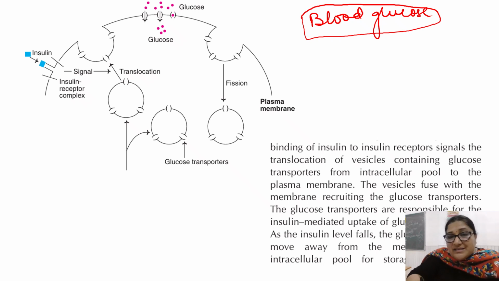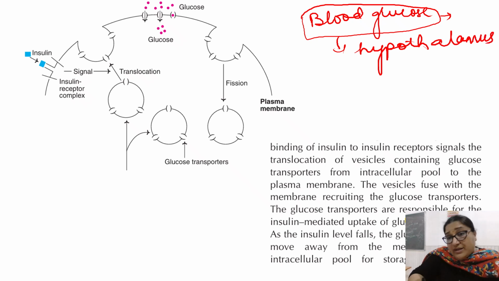The hypothalamus again signals the pituitary. Pituitary is the master gland and hypothalamus is the master of master gland.